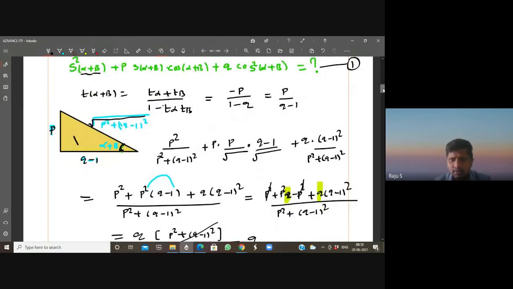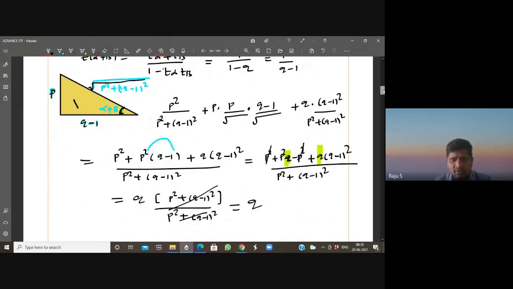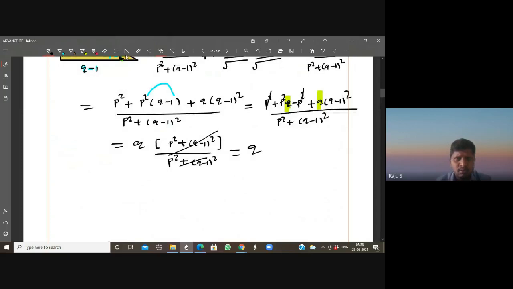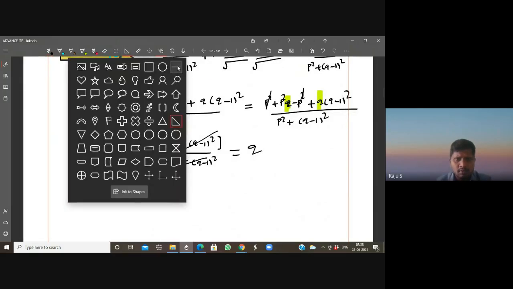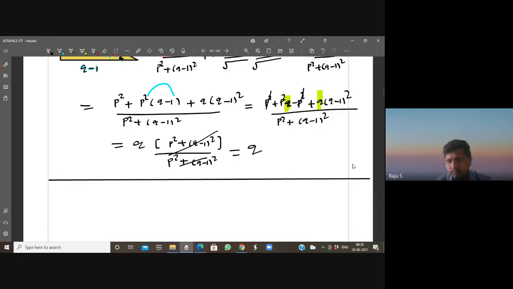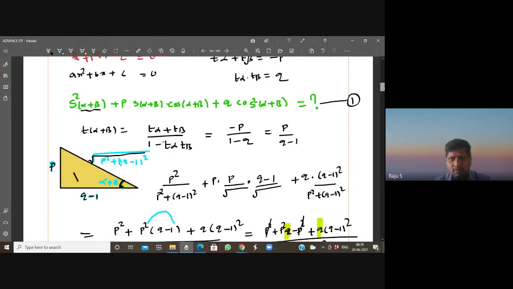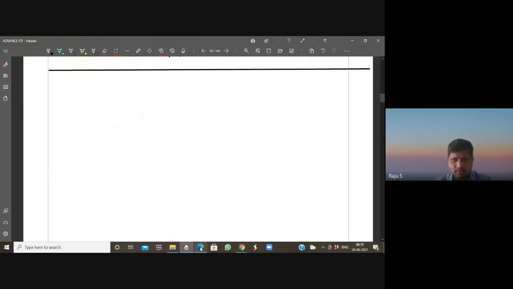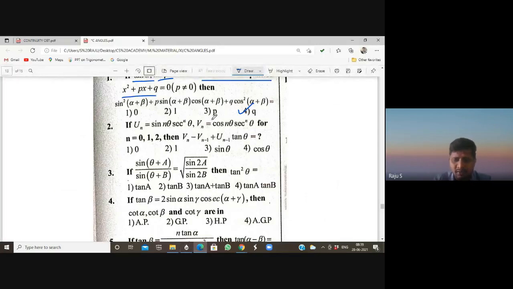Is it clear or any doubts? Right, next question. You can try to solve this kind of level 3 questions, so you can easily do mains level problems.